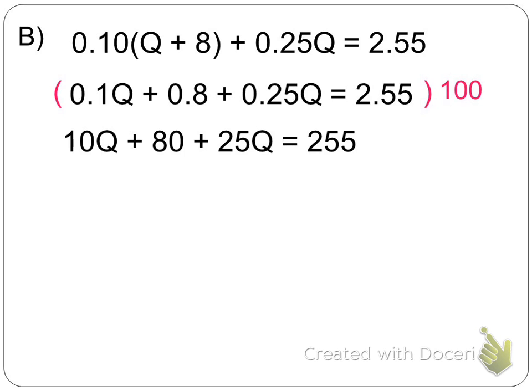All right, we have like terms. 10q and 25q is 35q plus 80 equals 255.